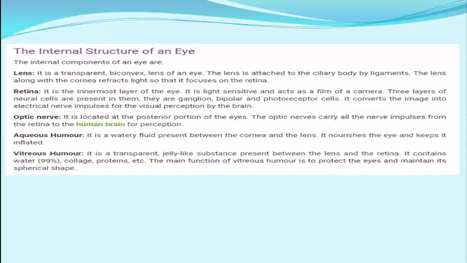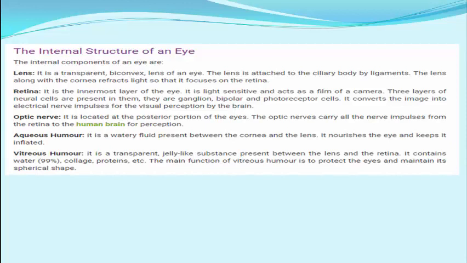It converts the image into electrical nerve impulses for the visual perception by the brain. Optic nerve. It is located at the posterior portion of the eyes. The optic nerves carry all the nerve impulses from the retina to the human brain for perception.